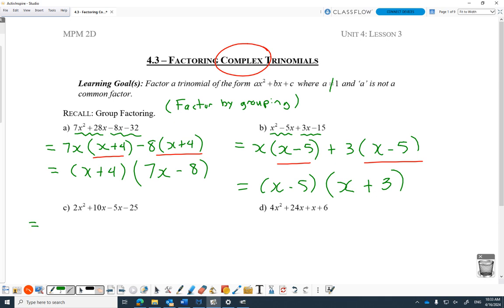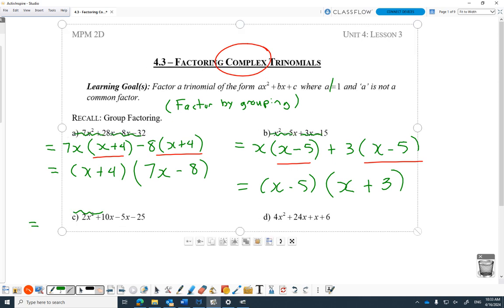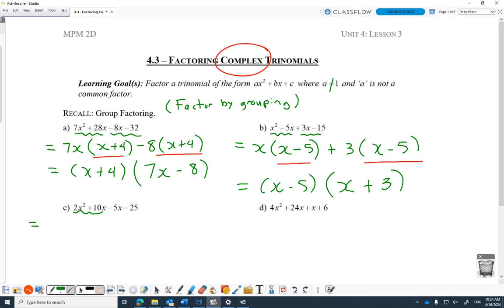Are you ready? Common factor. What's the common factor? Who wants it? Common factor in the first pair: 2x. Oops. X plus 5. Here's the curveball. What's the common factor in the second set? Negative 5.